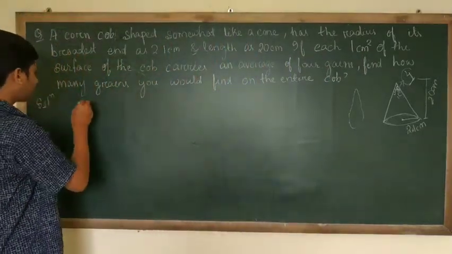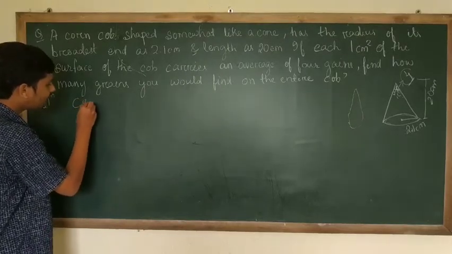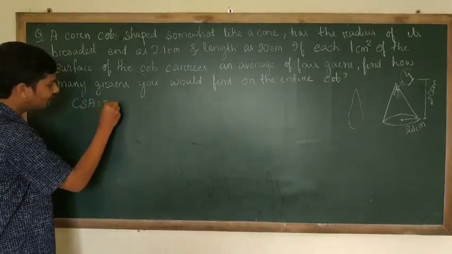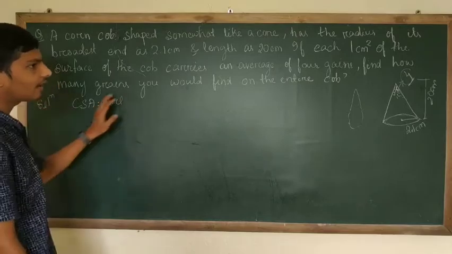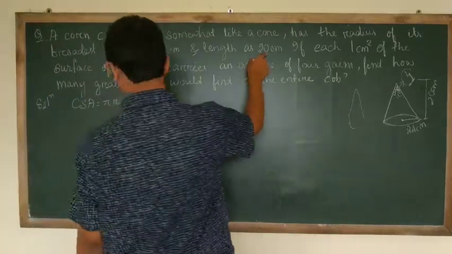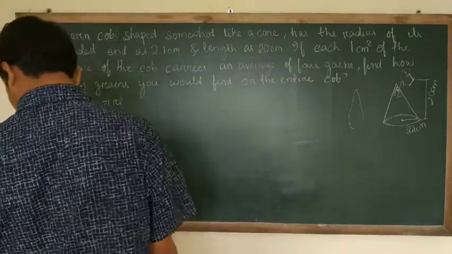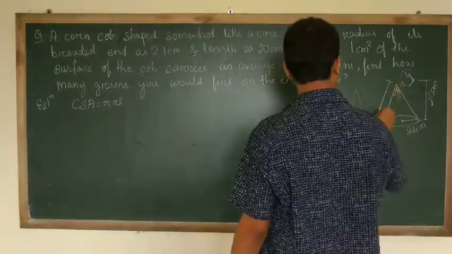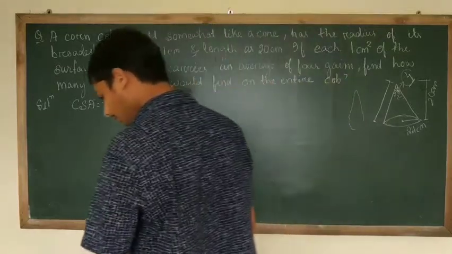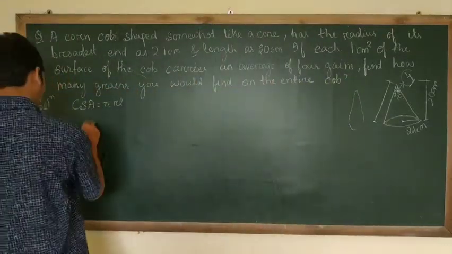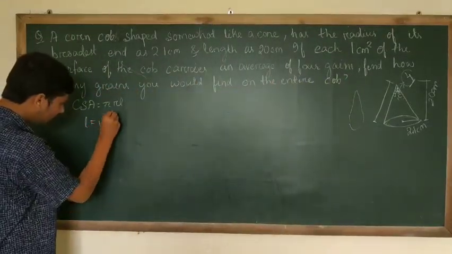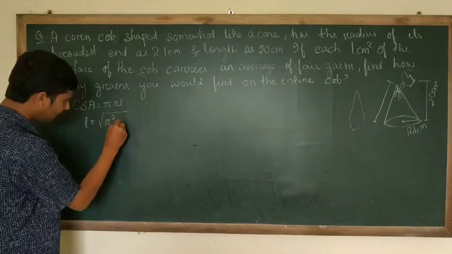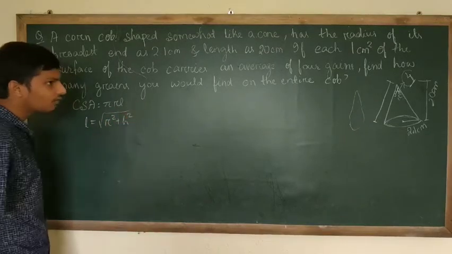What is the formula for CSA? Pi r l. But I don't know the l, it is the slant height, which we have to find. It is going to be the square root of r square plus h square by Pythagoras theorem.